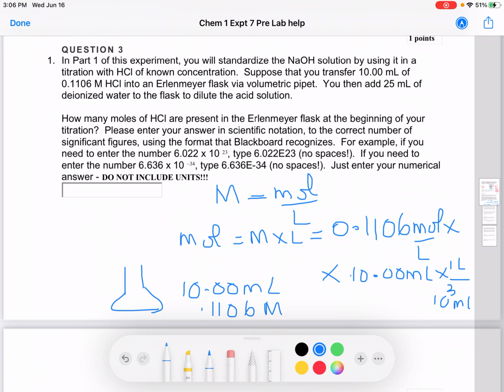So you can do this calculation and see what answer you're going to get. Okay, so you can write that down: 0.1106 times 10 over 1000. When you do this calculation, you will get an answer similar to 0.001106.